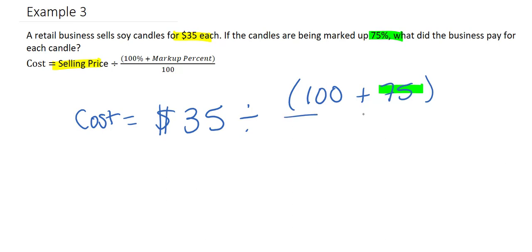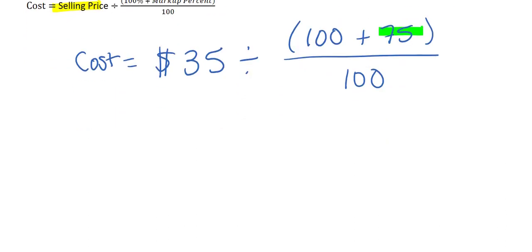Then we're going to divide it by 100 so we can change the percentage of 175% to a decimal. So we just divide by 100, or you can go ahead and move the decimal to the left twice. Either one works.